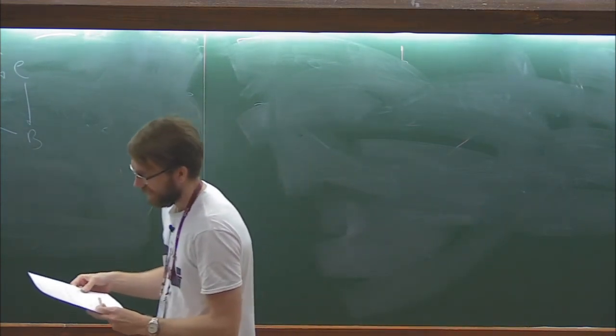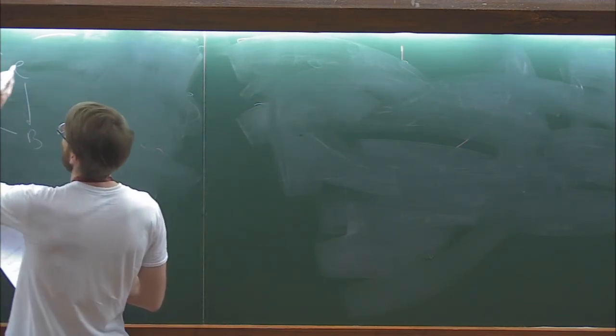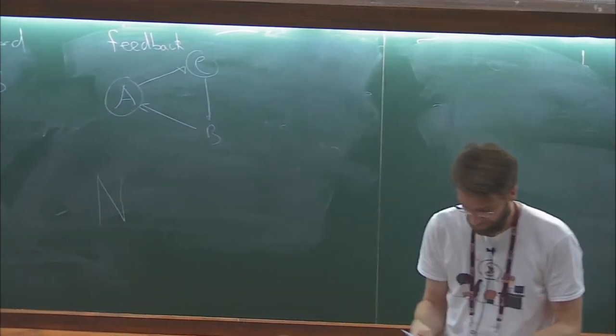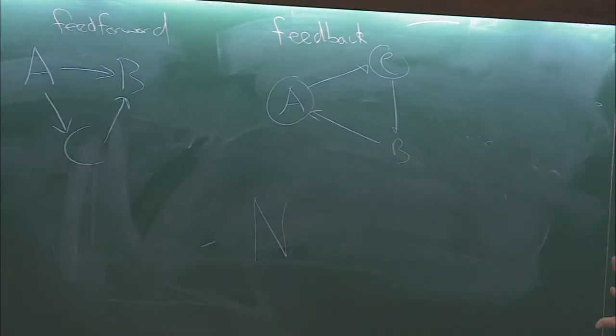But the question then is, if I had a network of n nodes, so each one of these is a node, and let's say I have n nodes, how many of these triangular patterns of a particular type do I expect to find?